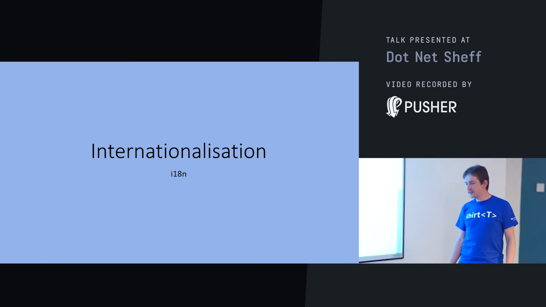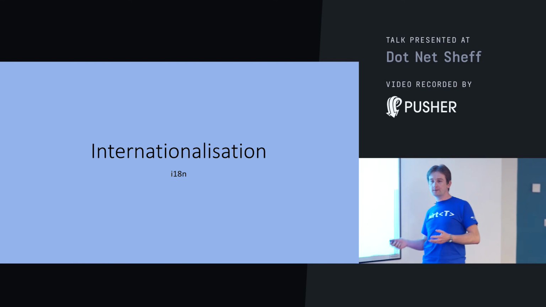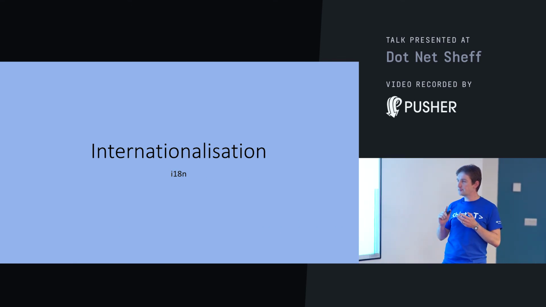So then what is internationalization? As I said, you need to talk about localization first. Internationalization, I18N, is preparing your software for localization. So it's getting rid of all the cultural specifics that you have in your software. That's cultural assumptions that you've made, date time, language, and all that kind of stuff.